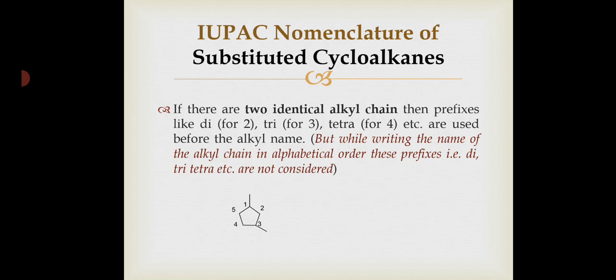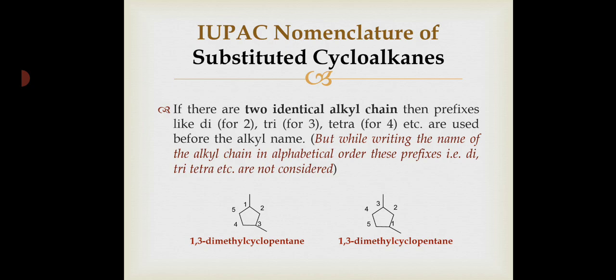The name of this compound is 1,3-dimethyl cyclopentane. But if somebody wants to start numbering from the other methyl group, then the name of the compound is again, see, it's similar, 1,3-dimethyl cyclopentane.